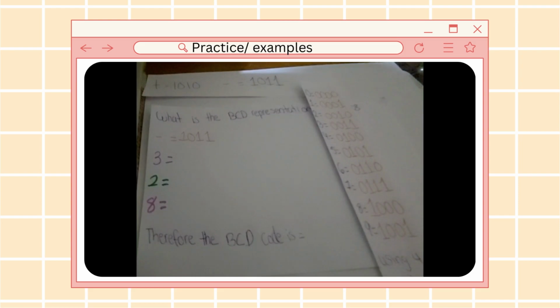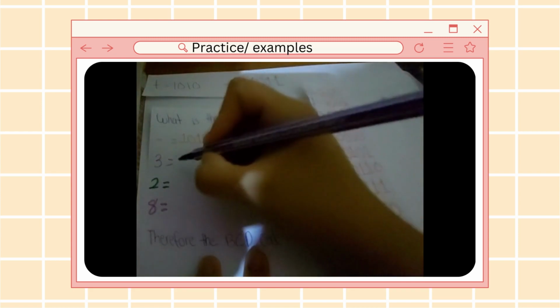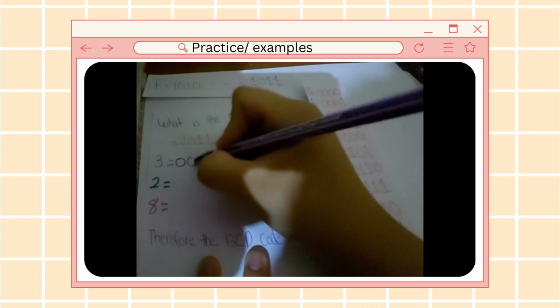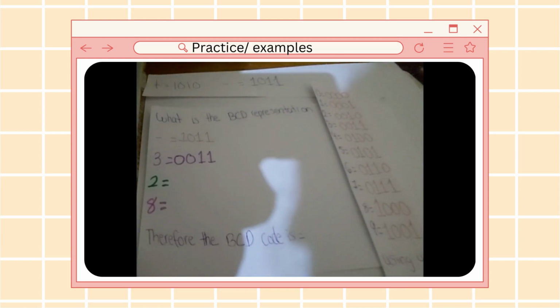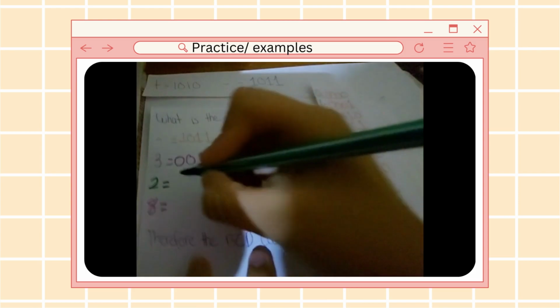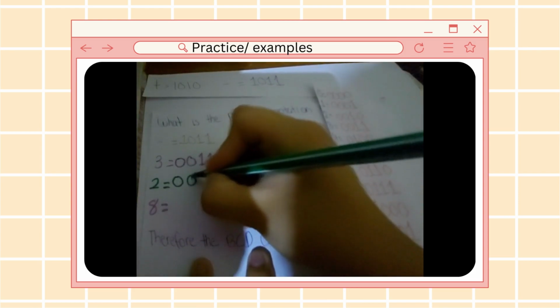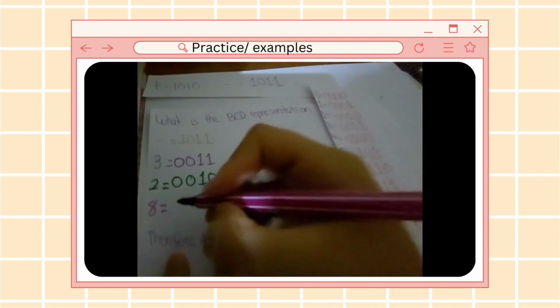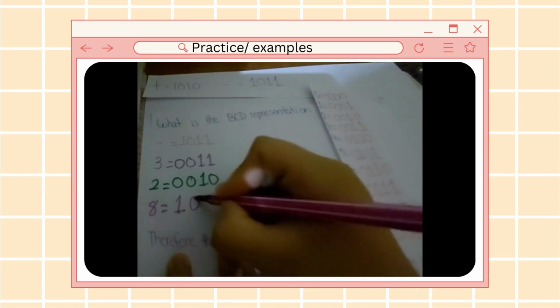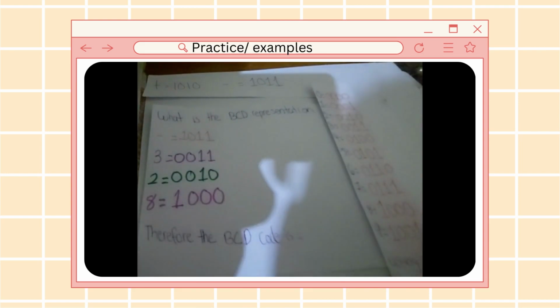Thanks to the binary codes already being provided here, we won't have to go through the trouble of finding them. All we have to do is enter the codes. So for 3, we have 0, 0, 1, 1. For 2, we have 0, 0, 1, 0. For 8, we have 1, 0, 0, 0.